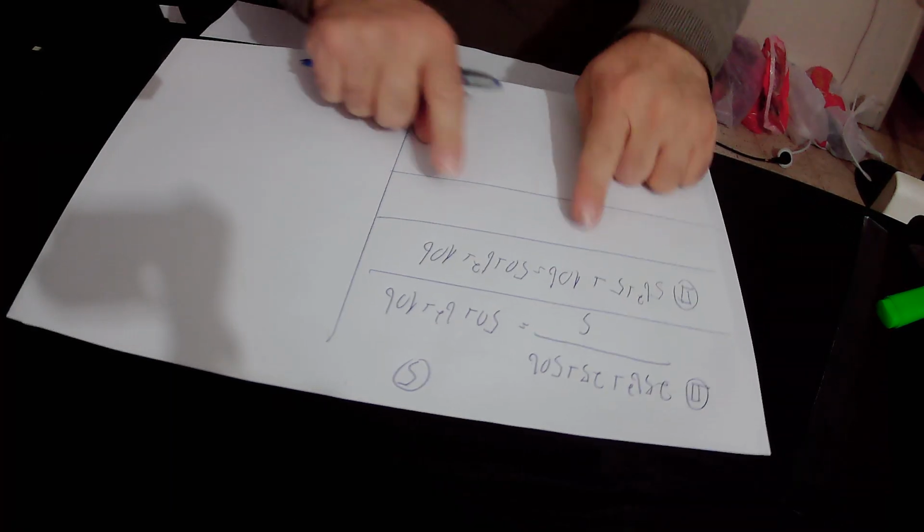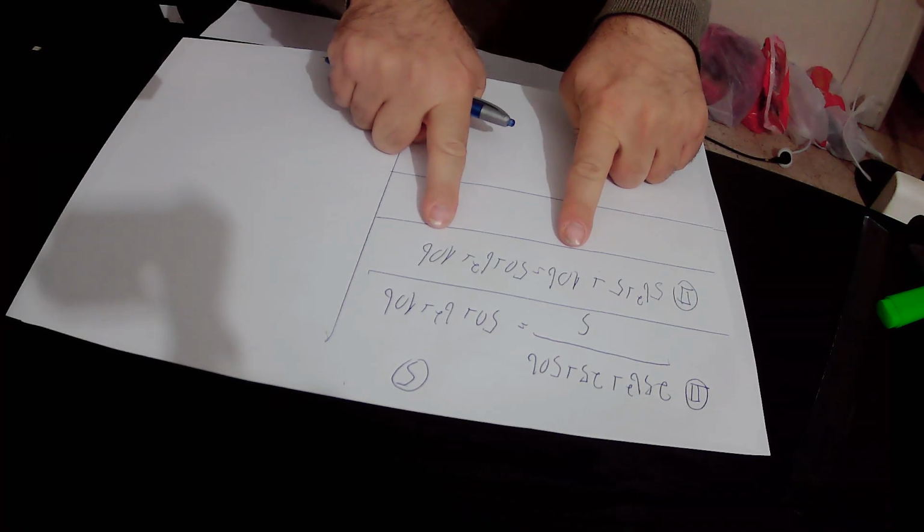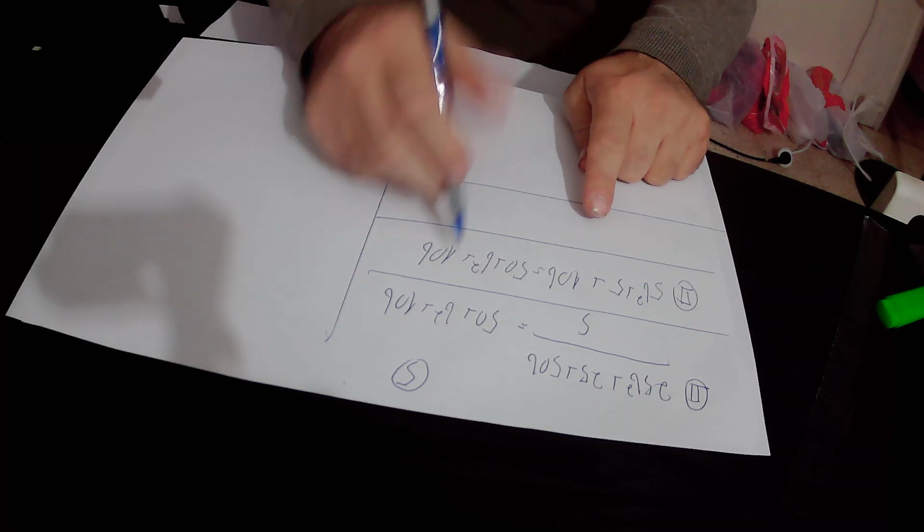Here we have 10b on both sides of the equation, so 10b will get cancelled.